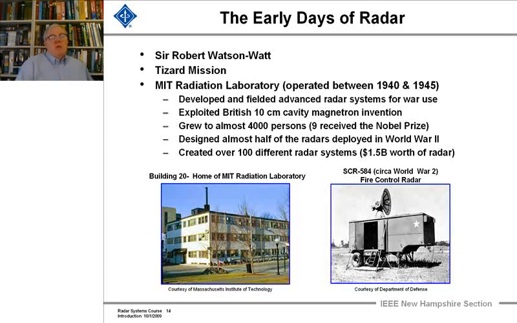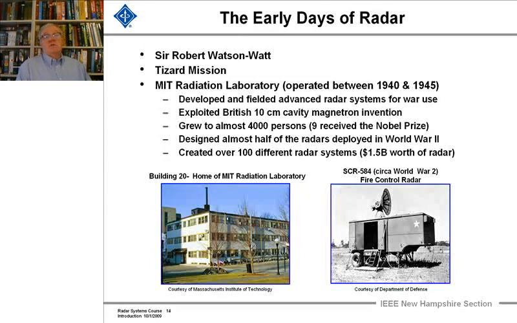And just imagine, the whole length of the Rad Lab, as it's called, was on the order of 5 or 6 years. It grew to 4,000 people. And to give you an idea of how bright these people were, 9 of them went on to receive Nobel Prizes, most in physics, some in other fields. And a lot of the original people in the Rad Lab were physicists, an awful lot of engineers.